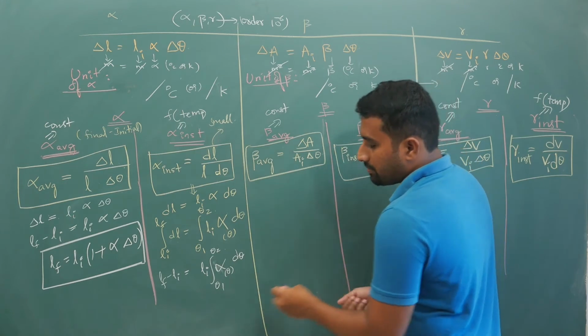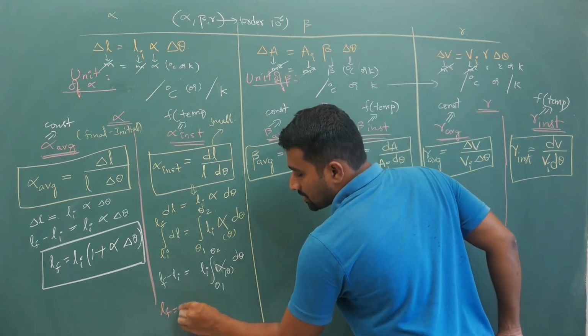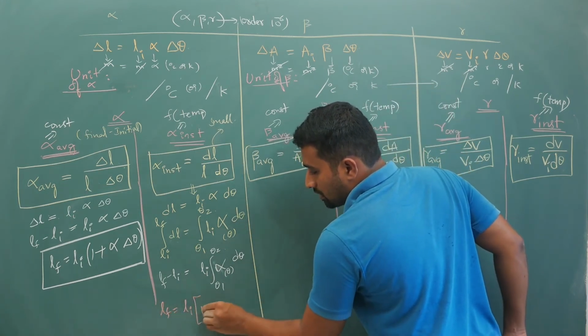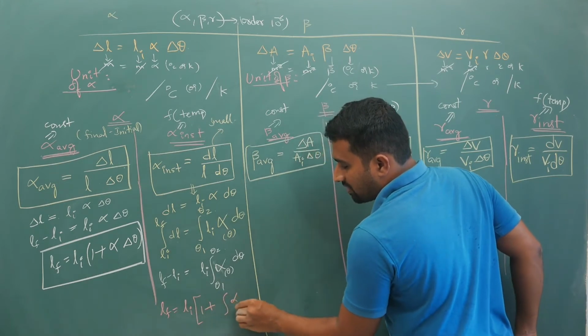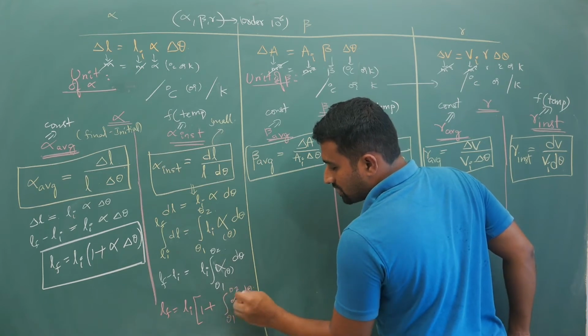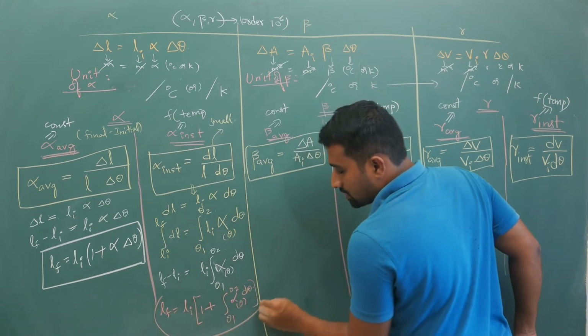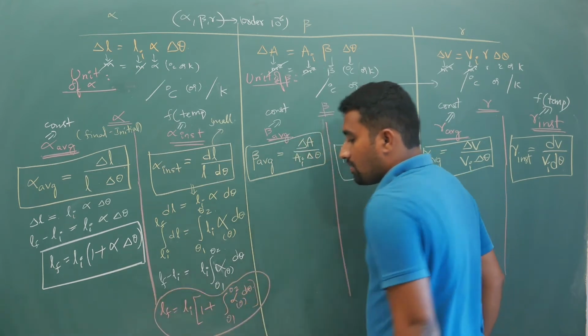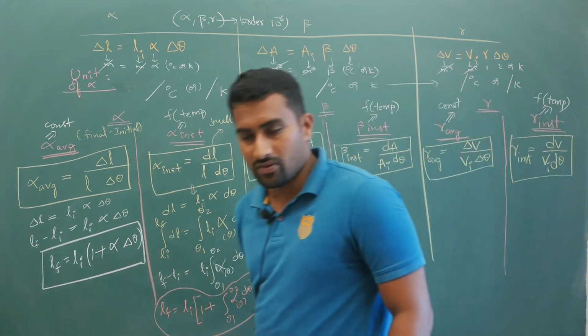So, very important part: your final length is L initial times (1 plus integral of alpha as a function of temperature into d theta from theta 1 to theta 2). This is your final length formula when alpha is a function of temperature.